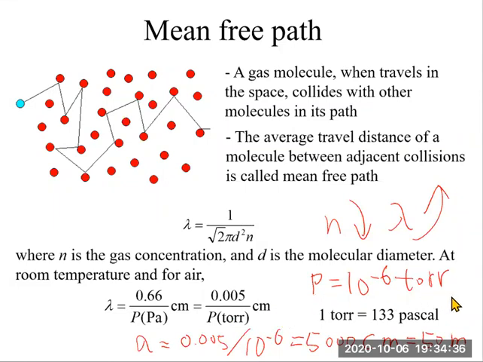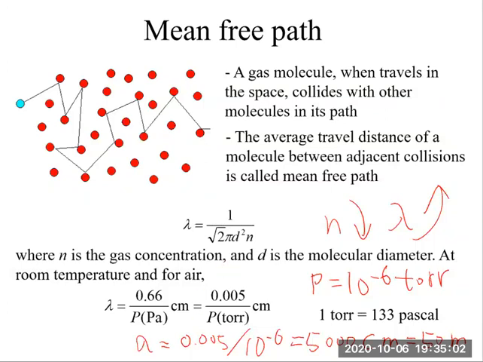Then we just mentioned that the evaporation pressure is less than 10 to the power of -6 torr. So at this pressure, we can calculate the mean free path by 0.005 divided by 10 to the power of -6. So lambda is 5,000 centimeter. It's about 50 meter.